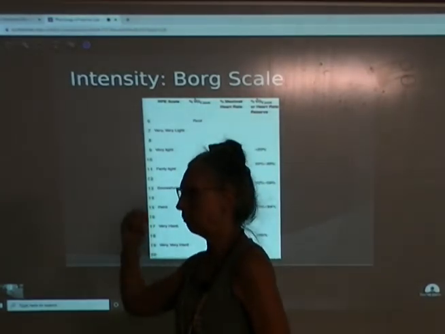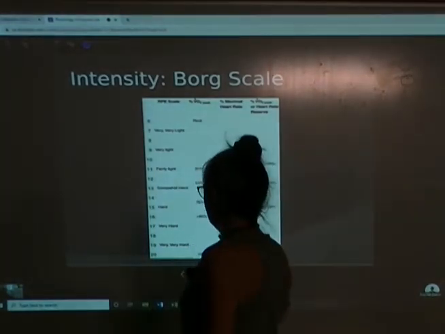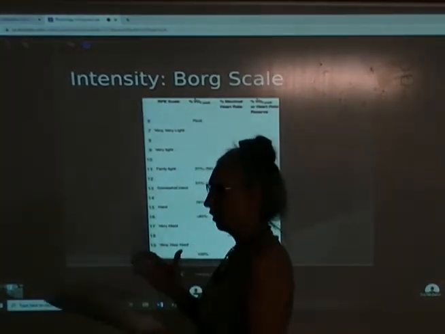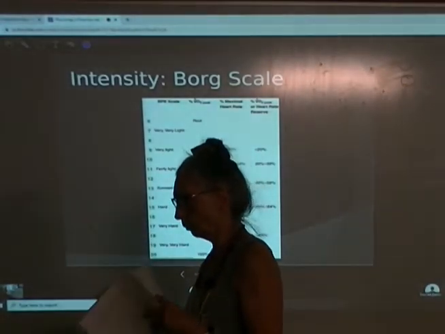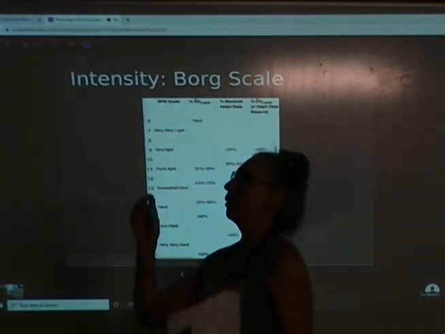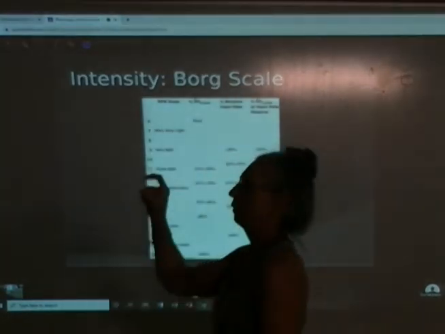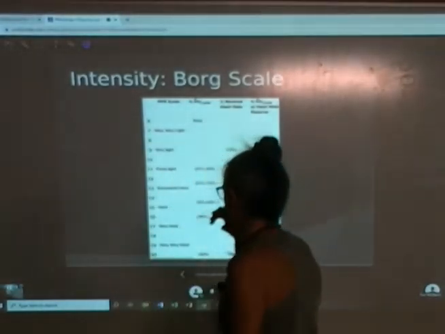What is my body telling me I'm doing? The Borg scale and others are called ratings of perceived exertion. Okay, they're RPE scales. And the perceived is a bit of a problem, okay?